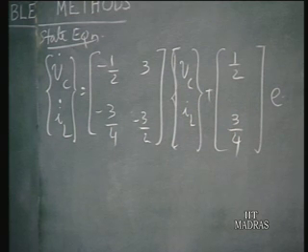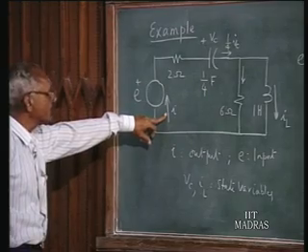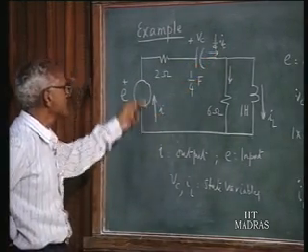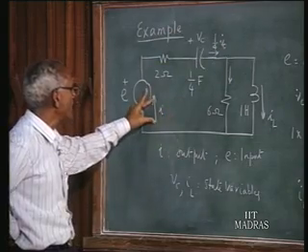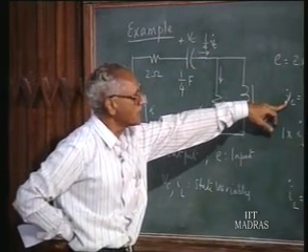Now for the output, this is the current that we are interested in. I equals 1/4 Vc dot. After all, it is the same current that goes through. So I can be obtained as 1/4 Vc dot, and we have the equation for Vc dot already.